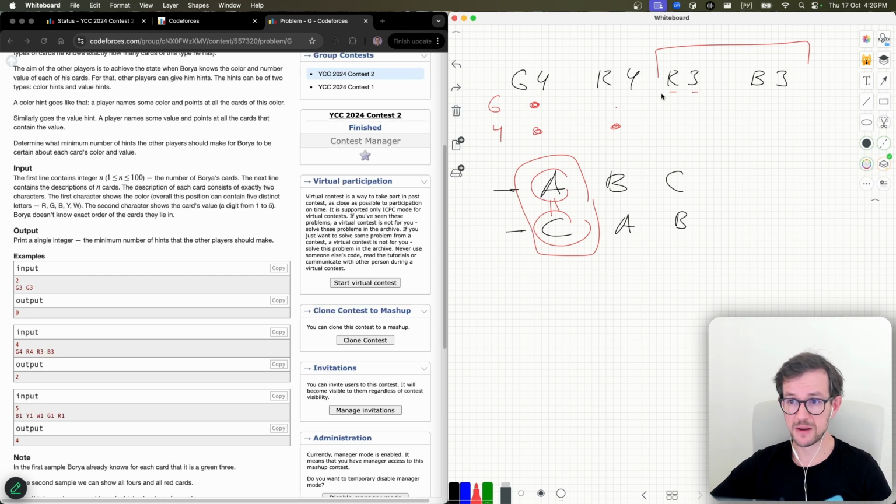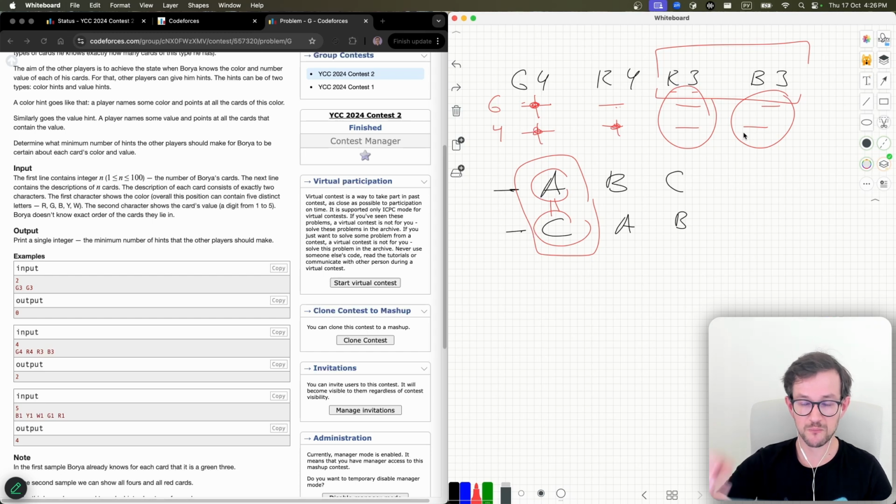So I mark green cards. So this card is green plus, this is red minus, minus, minus. This card is plus, plus, minus, minus. So for these two cards I have the same answers to these hints. They are both not green and they are both not fours.